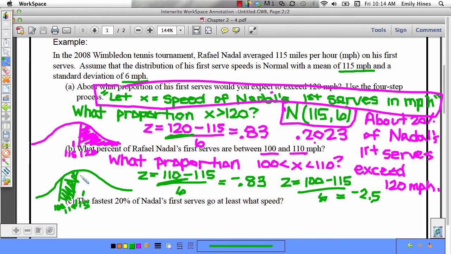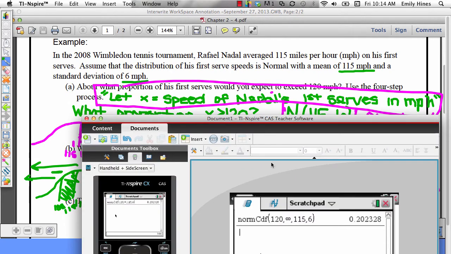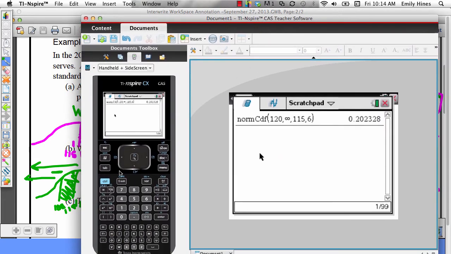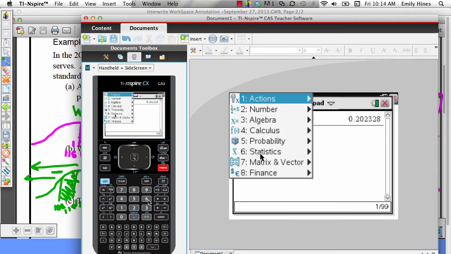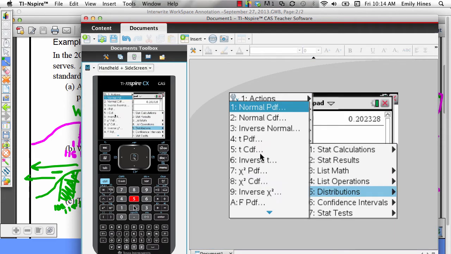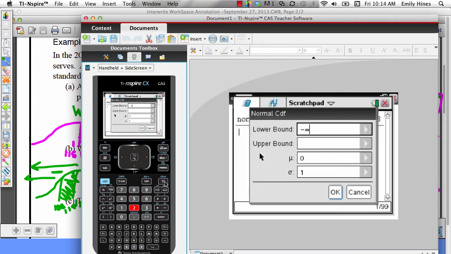If I'm going to use table A, I'm going to find the area for this one, and then find the area for this one, and subtract the two. That gives me the space in between them. But on the calculator, I can go to Menu, Statistics, Distribution, Normal CDF, and I can tell it my lower bound is going to be 100, my upper bound is going to be 110, my mean is 115, and my standard deviation is 6.